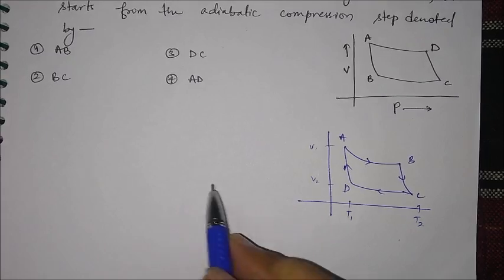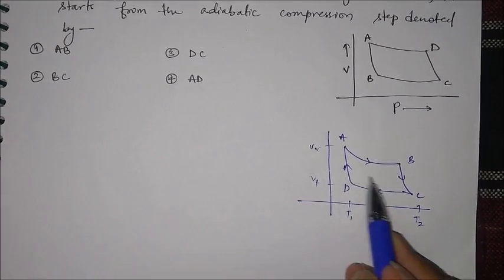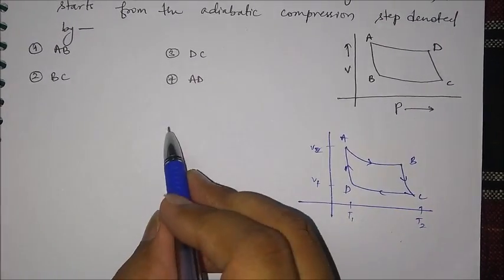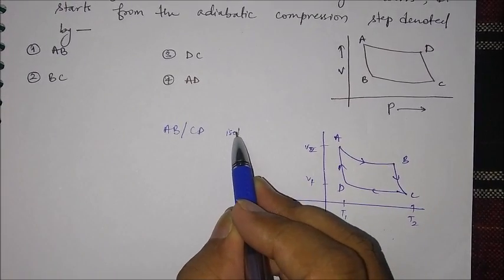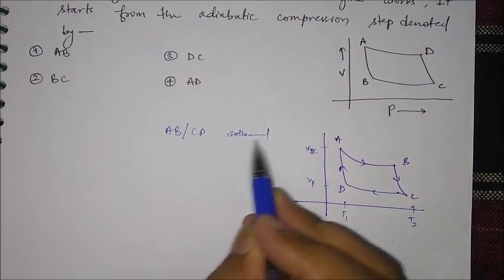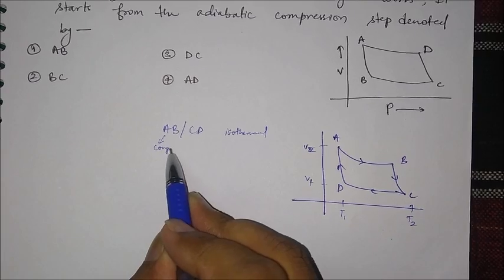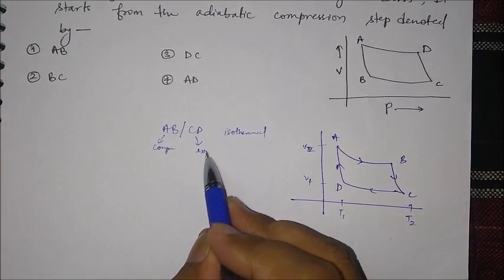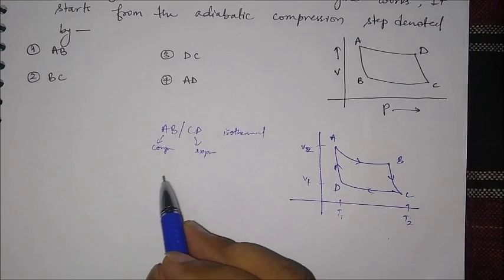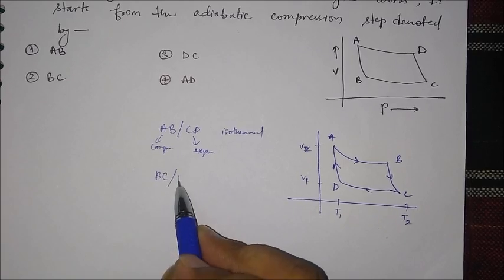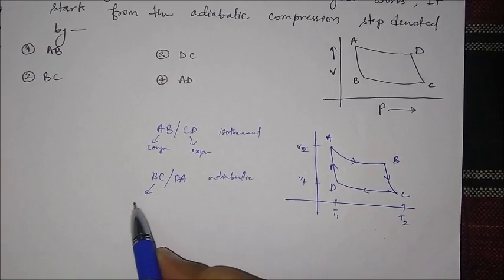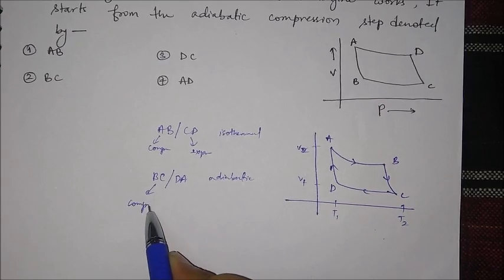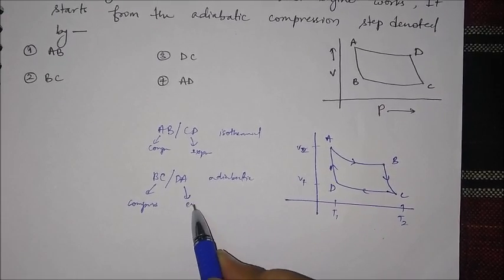AB and CD were isothermal processes, where one was compression and the other was expansion. BC and DA were adiabatic processes, where one was compression and the other was expansion.